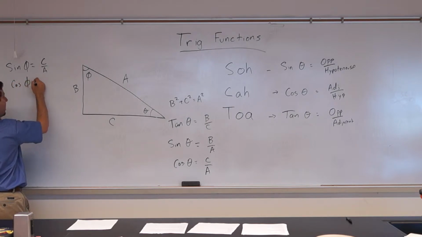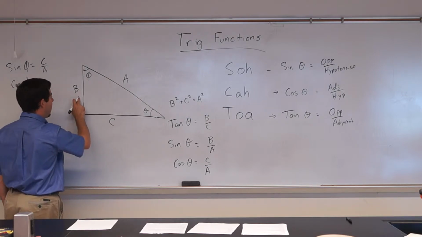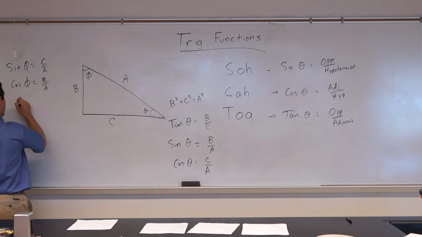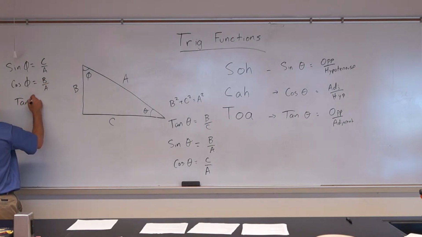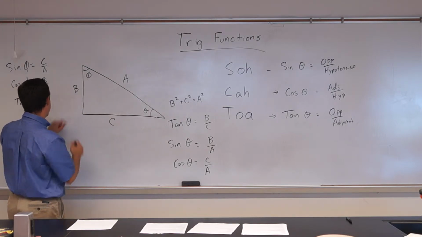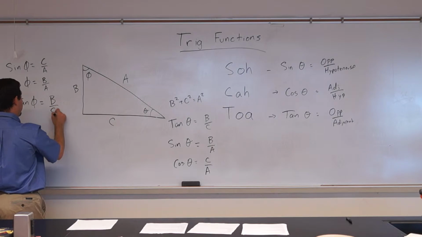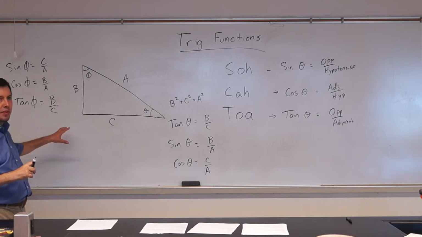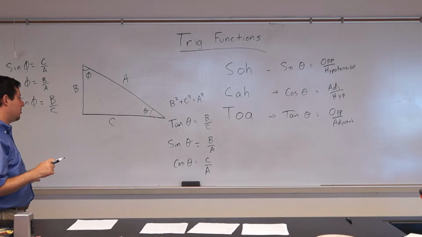Cosine of phi is the adjacent divided by the hypotenuse, so b divided by a. And tangent of phi is just the opposite over the adjacent, so b divided by c. Once you start figuring out some of these, you can figure out the rest of them.